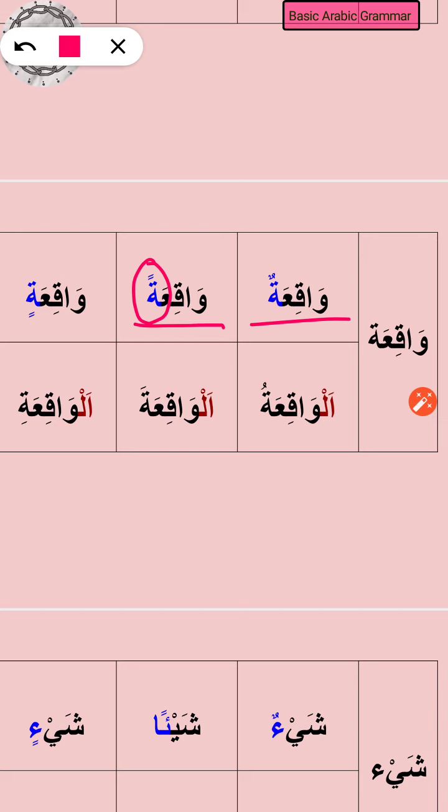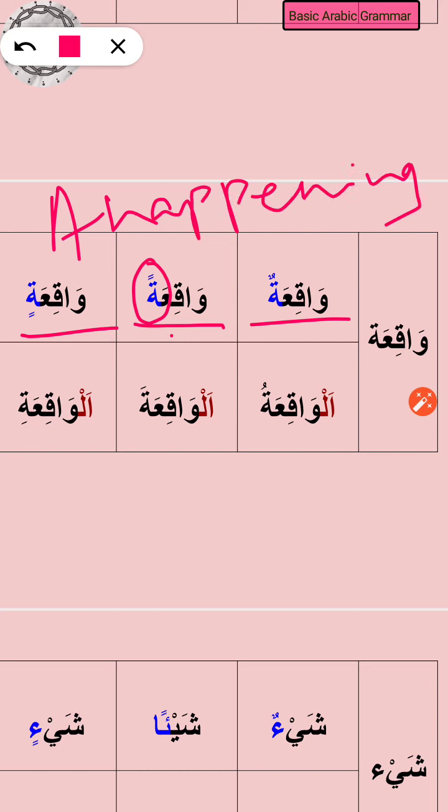So waqi'atun, waqi'atan, and then waqi'atin, a happening. Then we add al to it and it becomes al waqi'atu. We have a surah name after it, so it's Surah al Waqi'ah. Al waqi'atu, al waqi'ata, al waqi'ati.